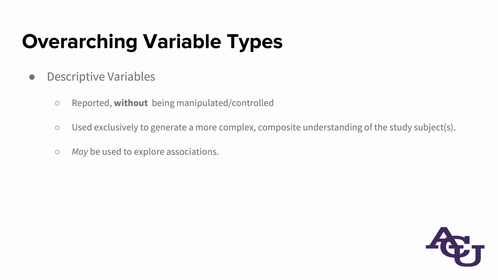But you can still use them potentially to explore associations. And often what happens is someone will collect a data set for something, and then they'll say, we've noticed a statistically significant association between people with these factors that we tracked as descriptive variables and this phenomenon. And so we're going to design the next study to do that.